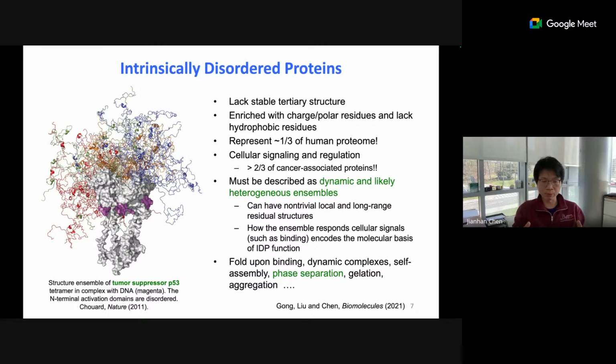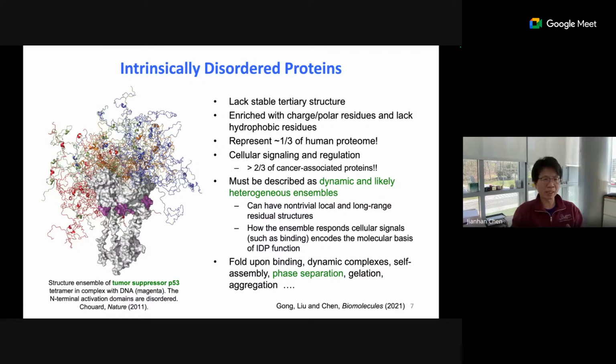This class of proteins was also discovered somewhat recently, mostly this century. In the last two decades or so, it's become well recognized that these proteins are really important and really prevalent. The key property of these proteins is that they do not have a stable tertiary structure that tools like AlphaFold are trying to predict.